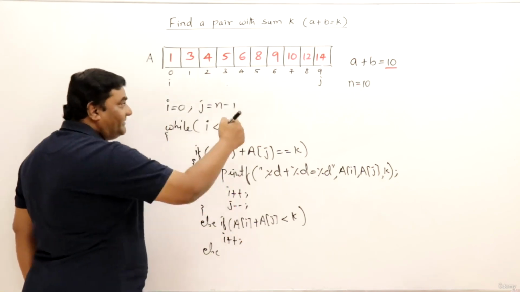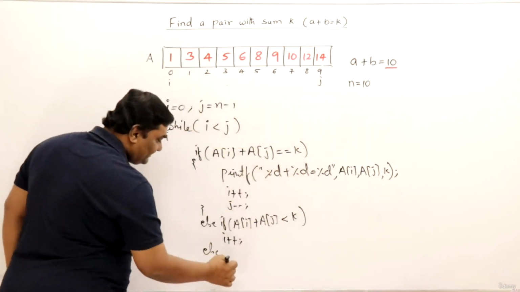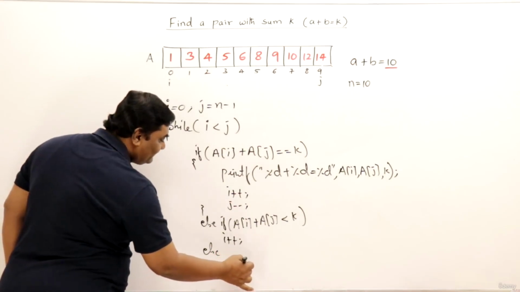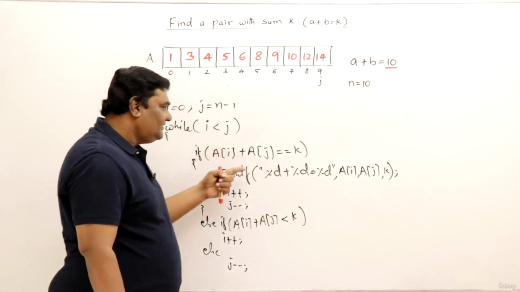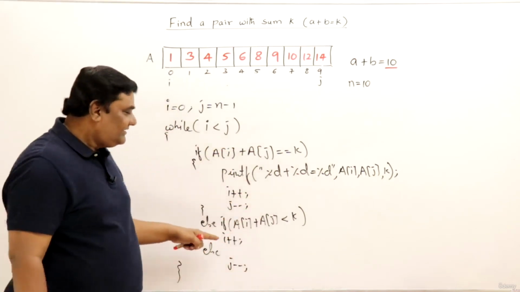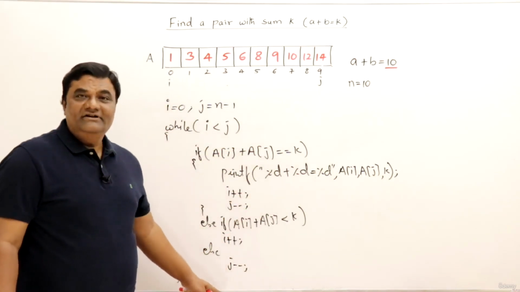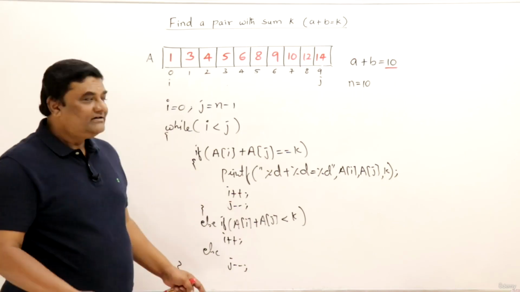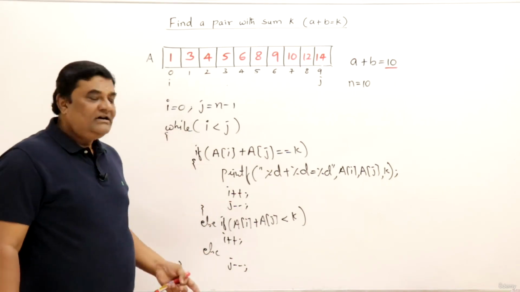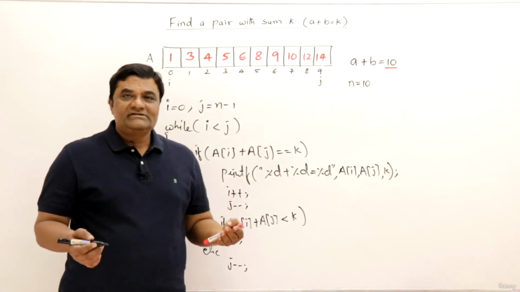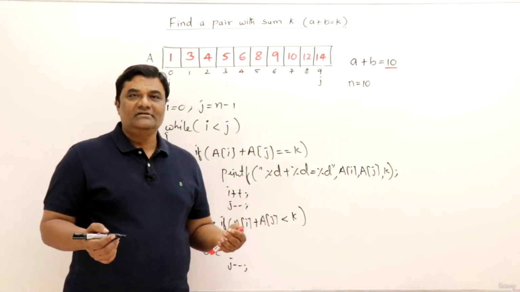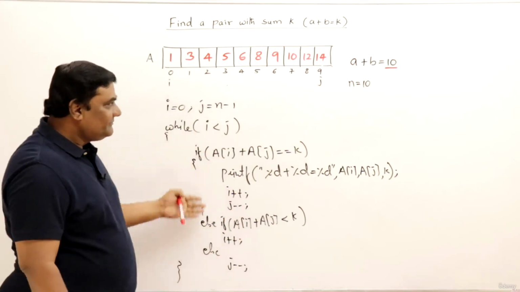Else, the number is greater, so I should decrement j, that is j minus minus. Right? If they are equal, do this. If it is less, then increment i. If it is greater, then decrement j. So this loop will continue as long as i is less than j, and it will stop once i is equal to j. So this is the procedure.